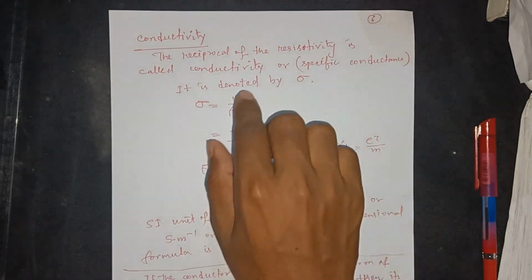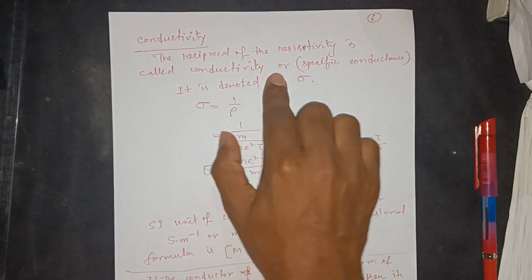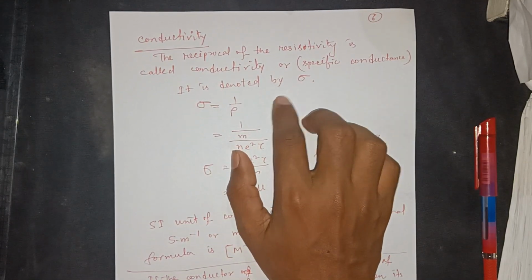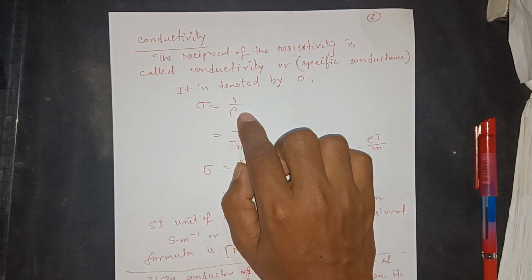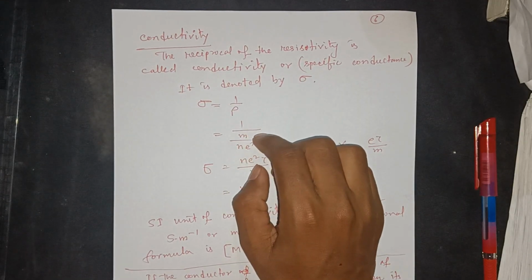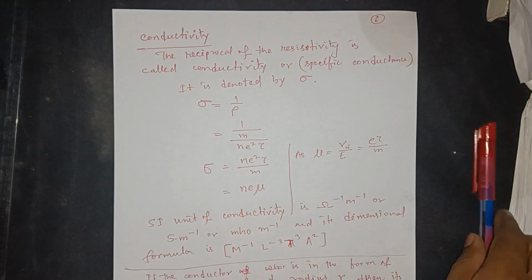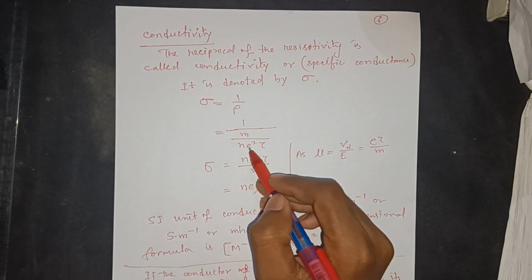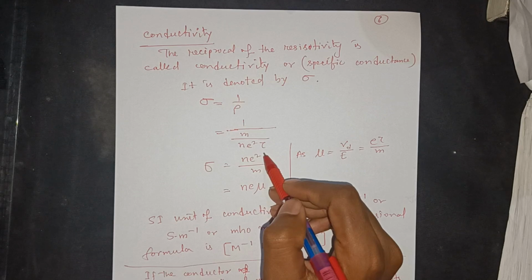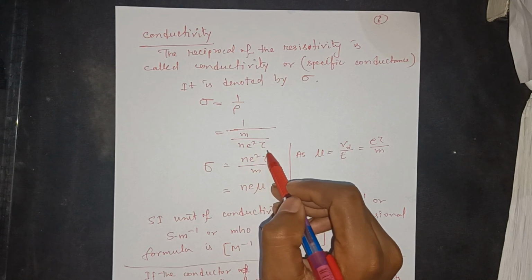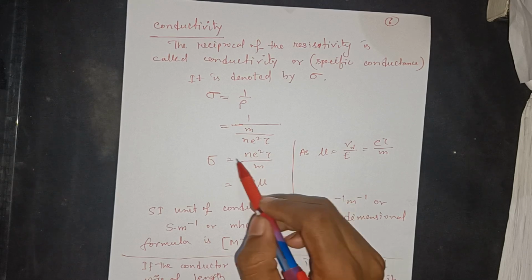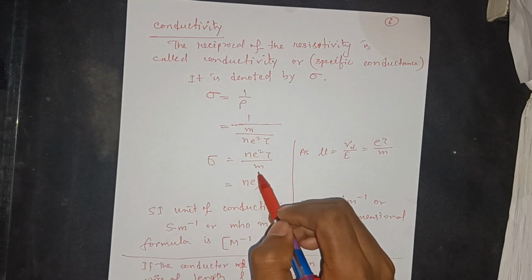Conductivity: the reciprocal of resistivity is called conductivity or specific conductance. It is denoted by sigma. Sigma is equal to 1 divided by rho. Rho is m divided by nq²τ, so sigma is nq²τ by m.